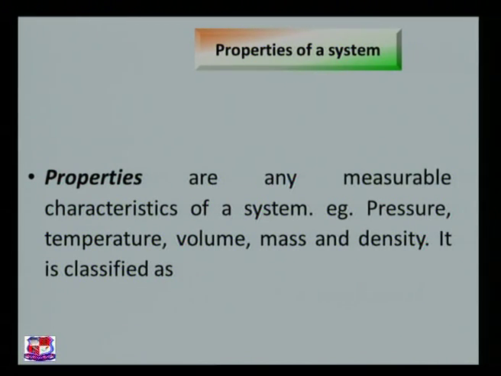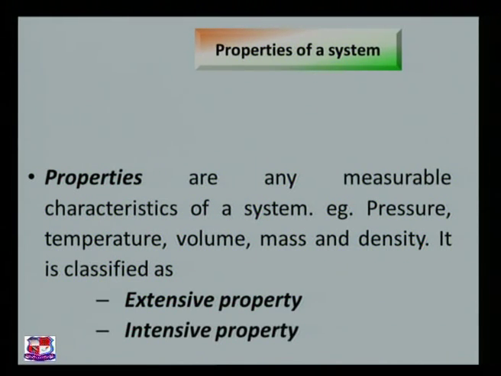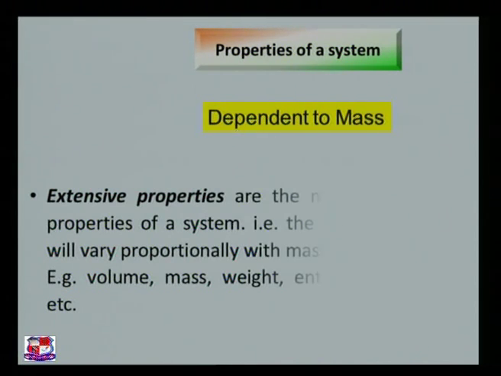Now properties of a system. Properties are any measurable characteristics of a system. For example, pressure, temperature, volume, mass and density. They can be classified as extensive properties or intensive properties.